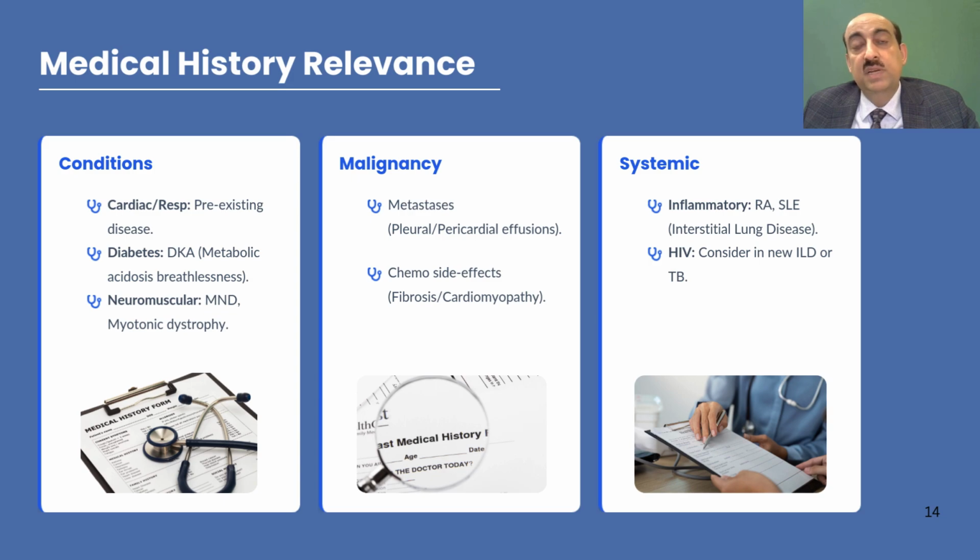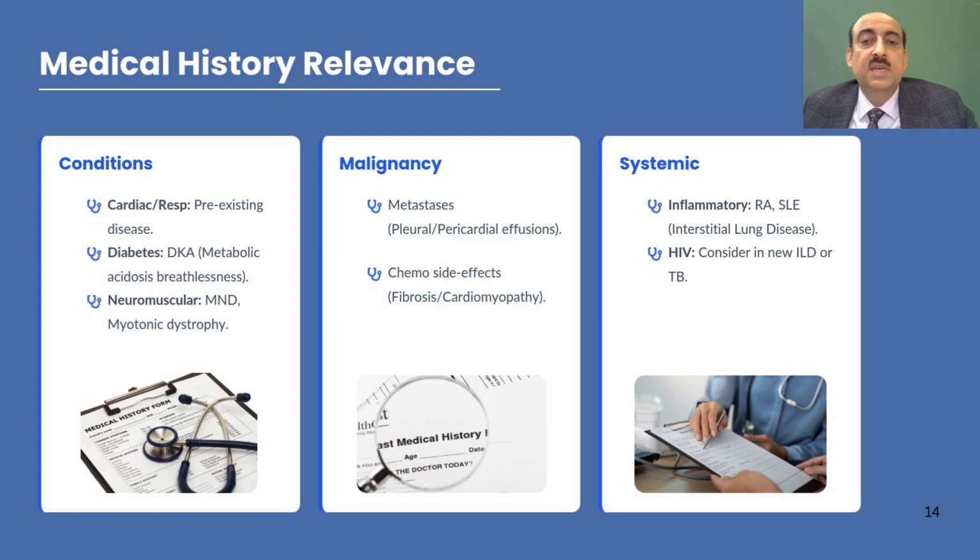Similarly, ask about history of malignancies, as lung metastases can lead to pulmonary carcinomatosis, and also a higher risk of pulmonary embolism and pleural and pericardial effusion. Also consider chemotherapy side effects, as it can sometimes be directly toxic to the lungs, and radiation therapy for previous lung malignancies or adjoining areas can lead to radiation fibrosis of the lung itself and lead to chronic or subacute shortness of breath.